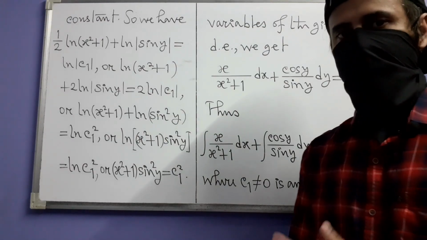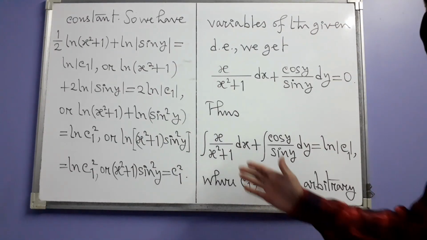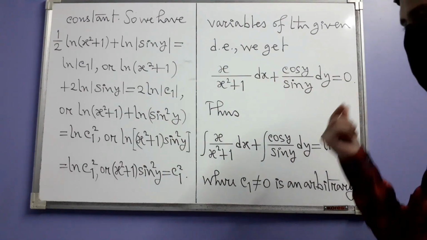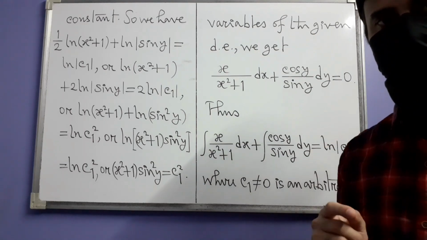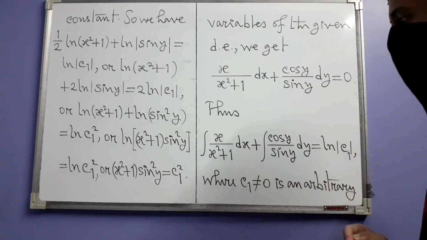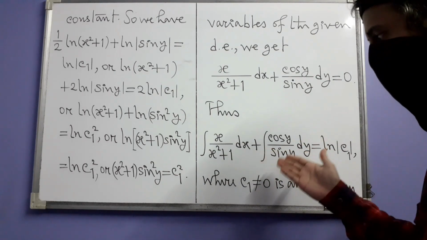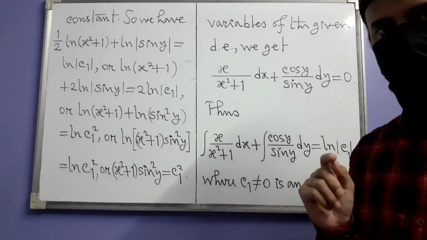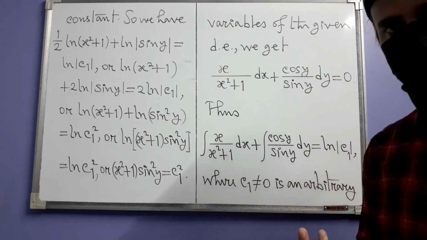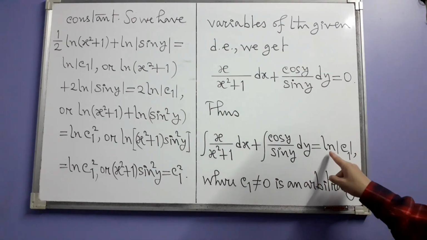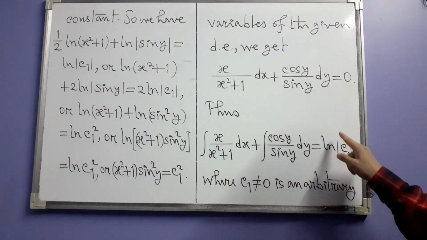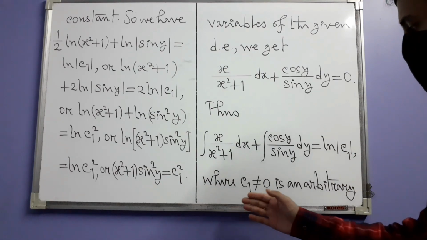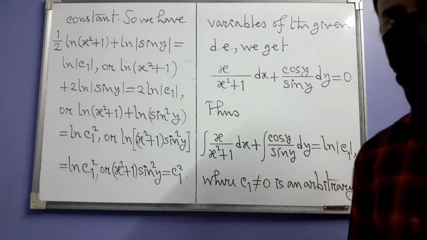So next we go through the integration process. We integrate both sides of this equation. On the right side, we would normally get an arbitrary constant. But anticipating what the integrals ultimately are going to be, in what form they are going to appear, we have taken natural logarithm of the absolute value of C1, where C1 is some non-zero but arbitrary constant.